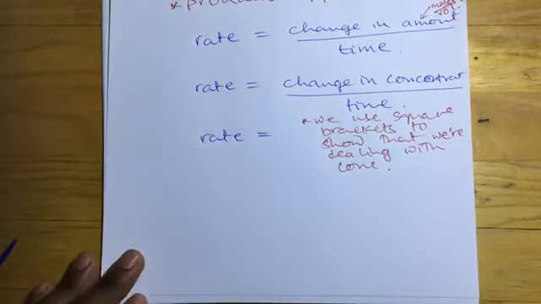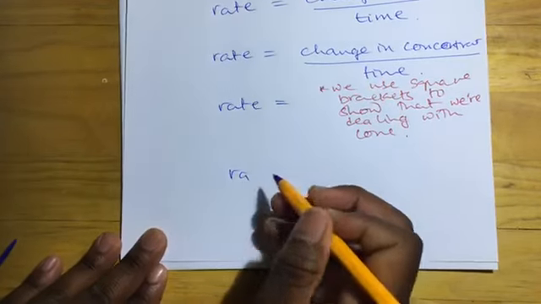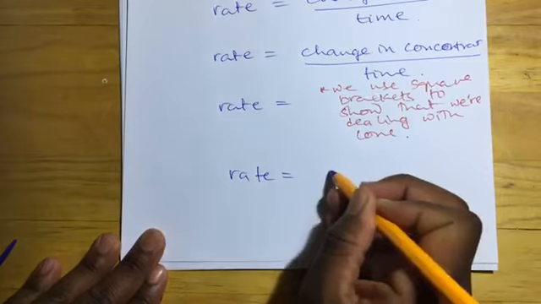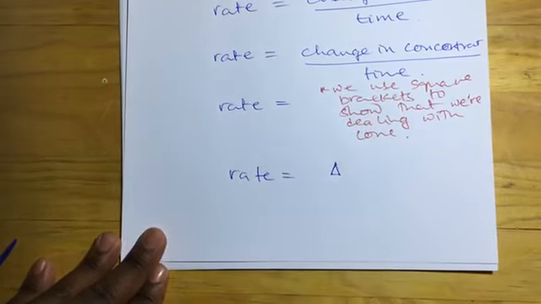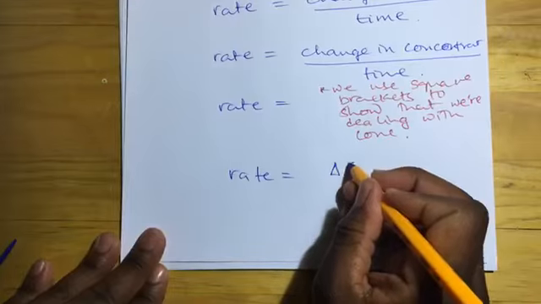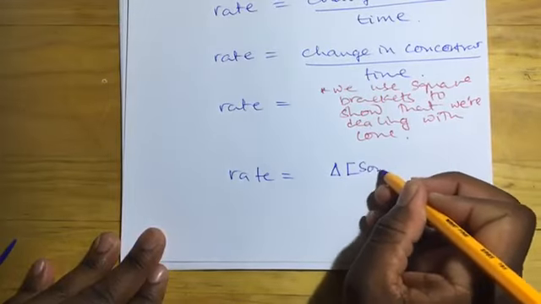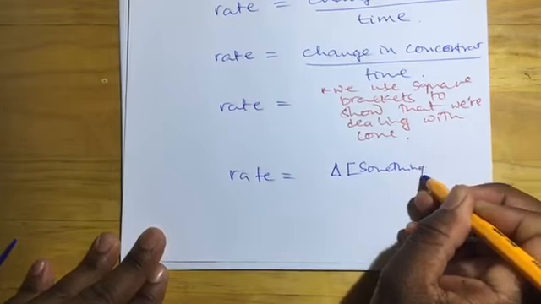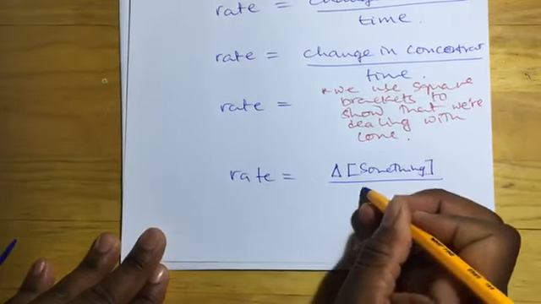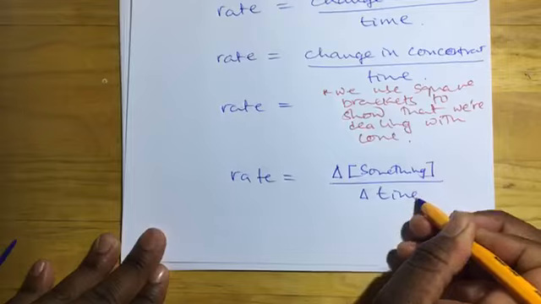So change in concentration, this is going to be rate, is equal to change, we are going to use delta, so change in concentration of something, divided by change in time.